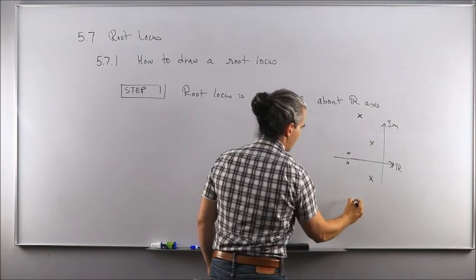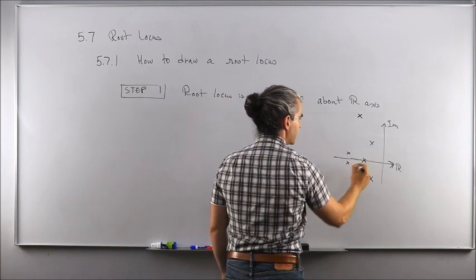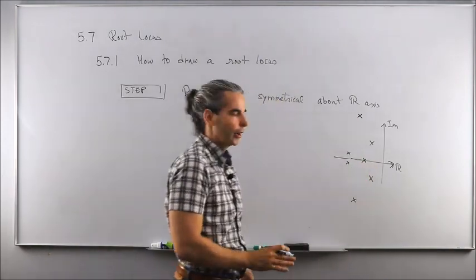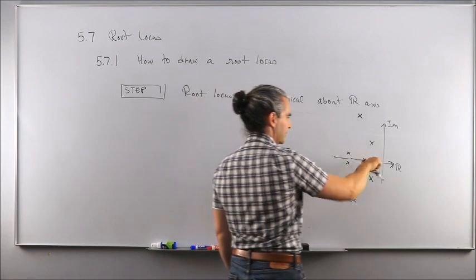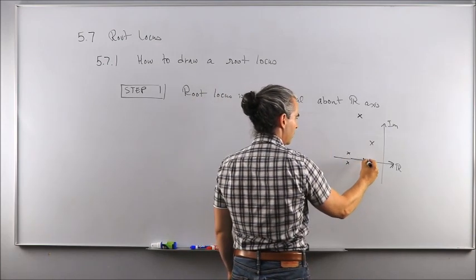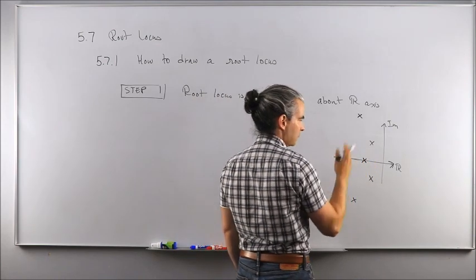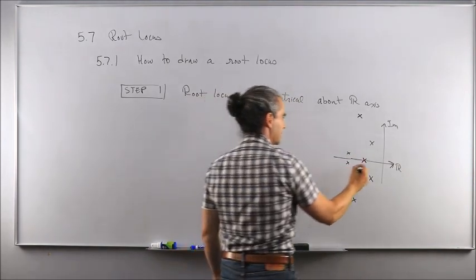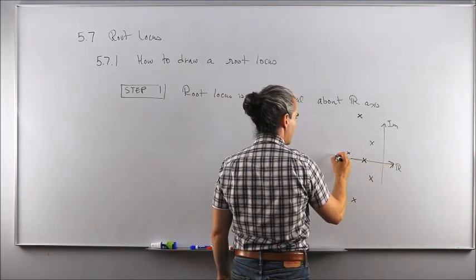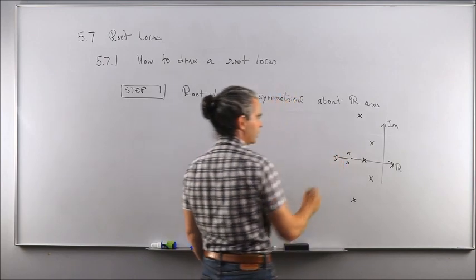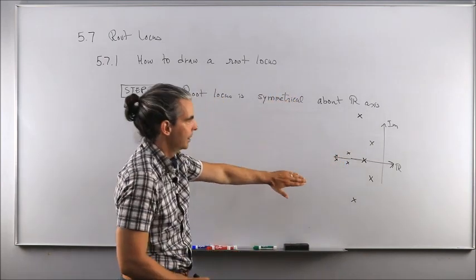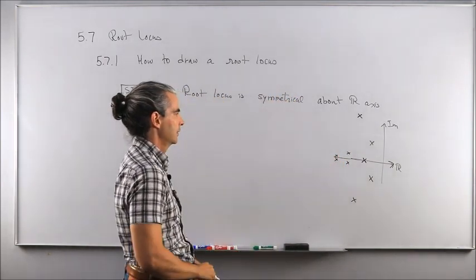One over there, one over there. One on the real axis, fine, totally fine, because this is the axis of symmetry. So if there's one pole on the real axis, that's fine. But as soon as the pole is away from the real axis, it needs a counterpart with the negative imaginary part.